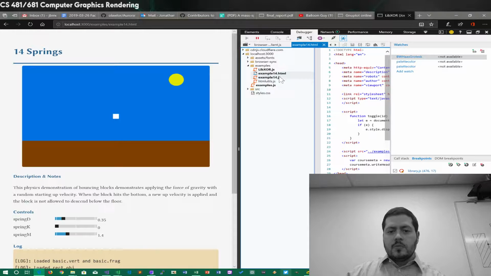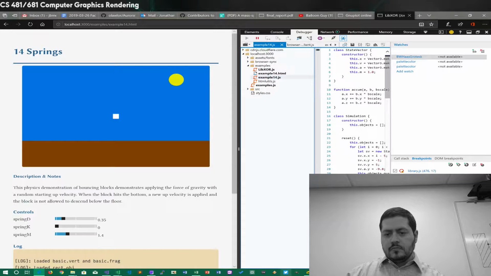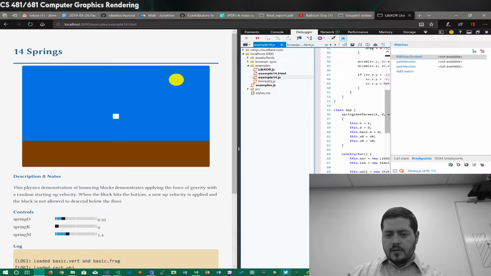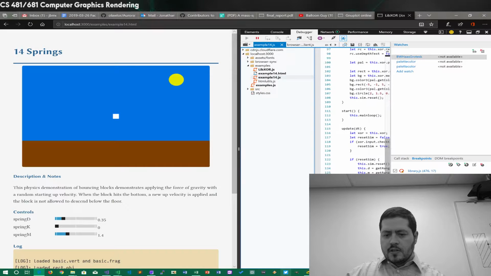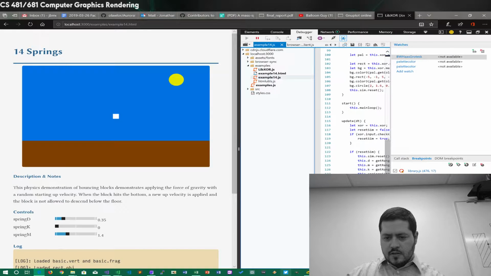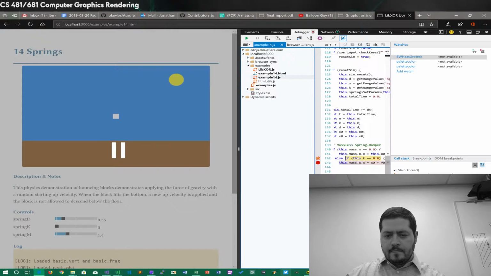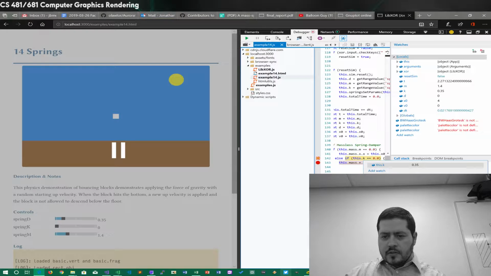Now we got to figure out why it doesn't work anymore. Let's see if this dot k equals 0.35. Oh, must have had it backwards.